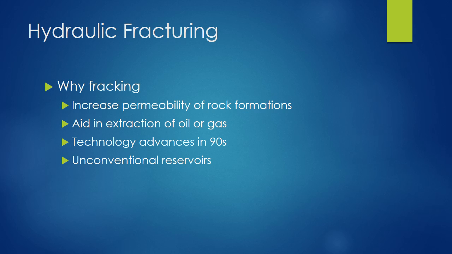This technique has been used for years on old oil and gas reservoirs to increase the output. But in the late 90s, technology aided recovery in shale formations. And with that, new locations were found that we would be able to extract oil and gas from.